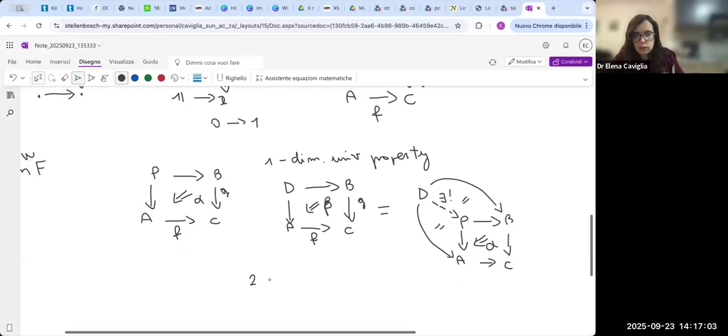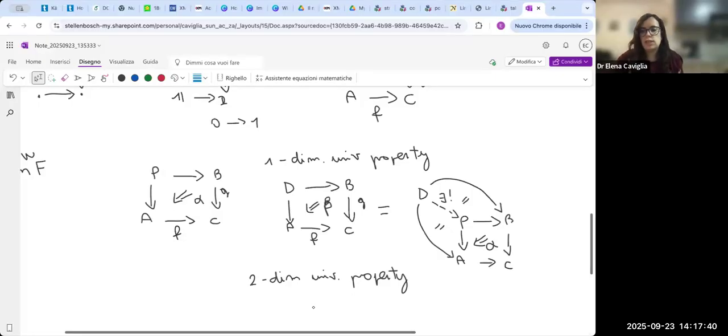And then we have a 2-dimensional universal property. So the one-dimensional one is in some sense similar to what we can expect. So it's similar to the universal property of the pullback. And now we have a two-dimensional universal property saying that if we have two arrows like this, we get a unique 2 cell between them.